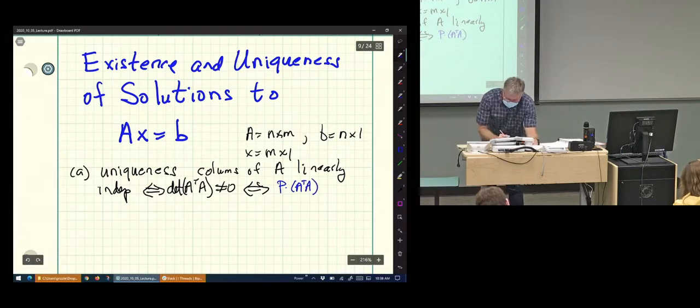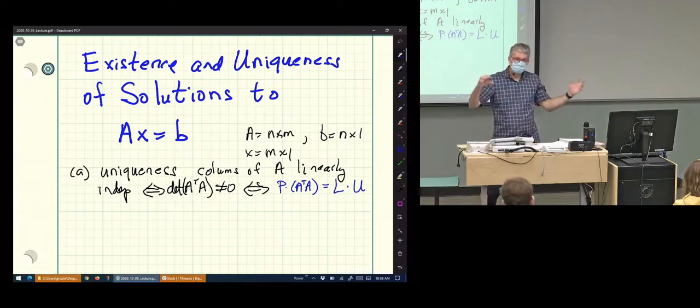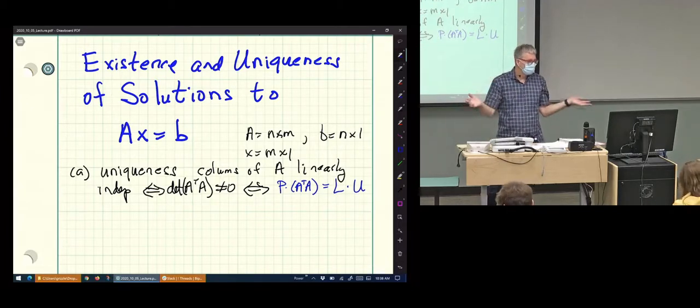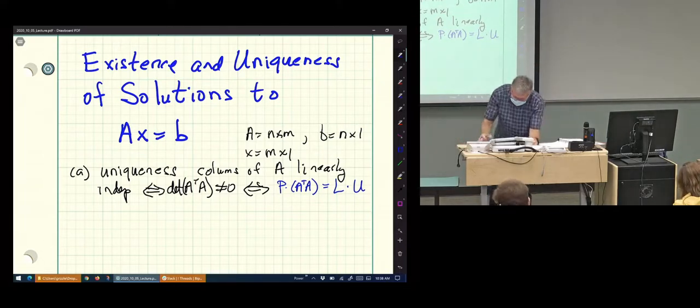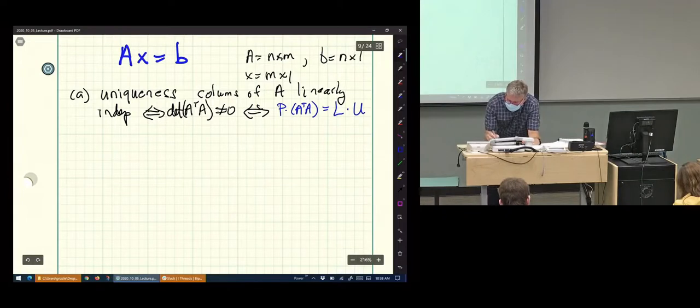LU factorization, and I do it anyway because if A transpose A is 9 by 9, that's the only way I know to get the determinant in a numerically copacetic manner, okay?